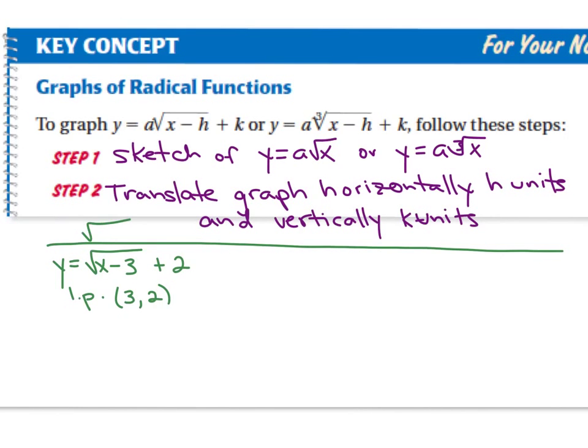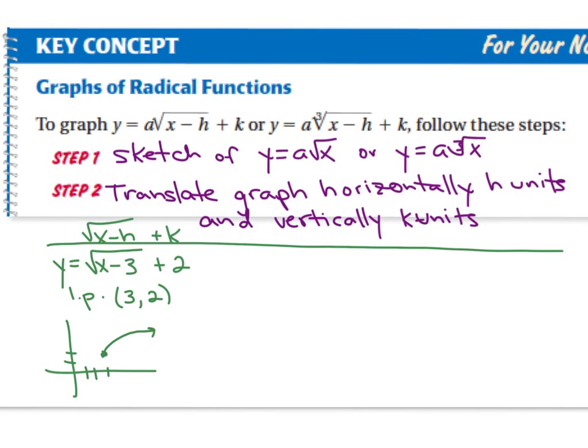Because remember, this is x minus h and then plus k, identical to how it was in quadratics. So for this square root one, you would move to 3, 2 on your x-axis, put a point, and then know that a square root would look like this.